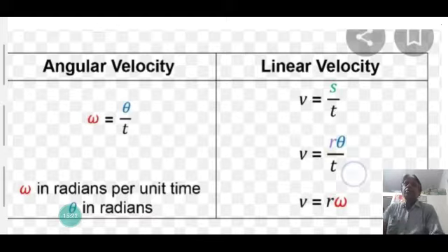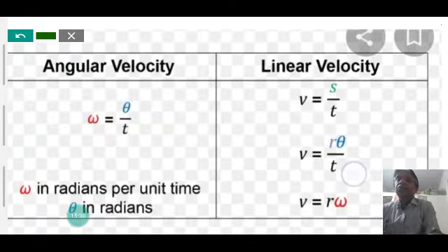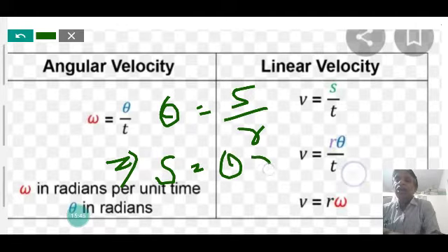Now look here. From the previous slide, we have discussed that theta is equal to s by r. So if we find the expression for s, the length of arc, we can use theta into r.